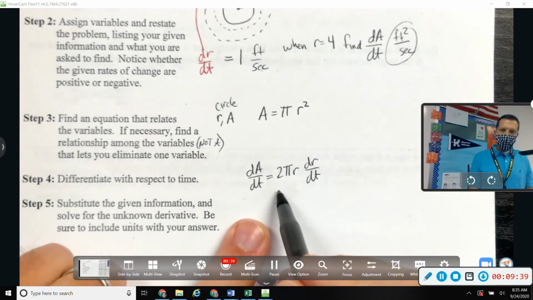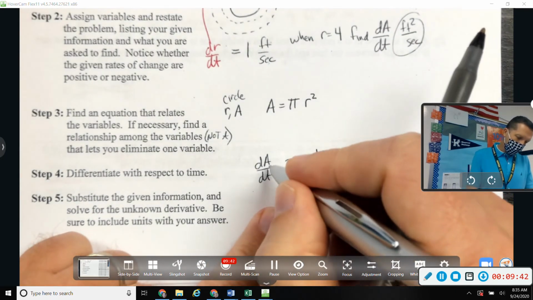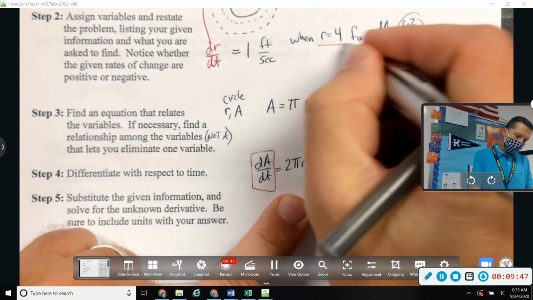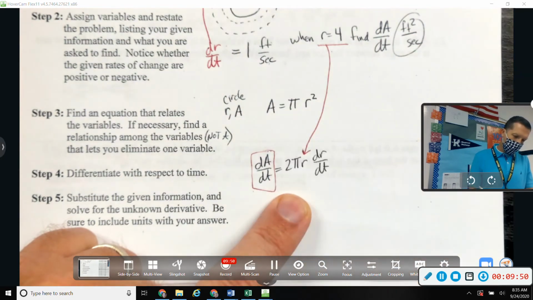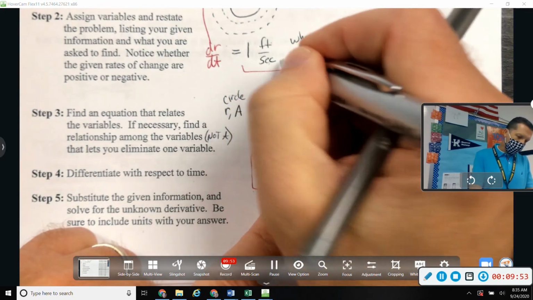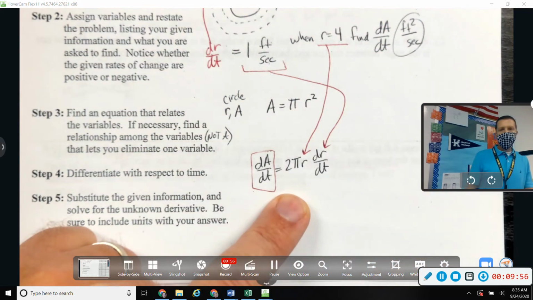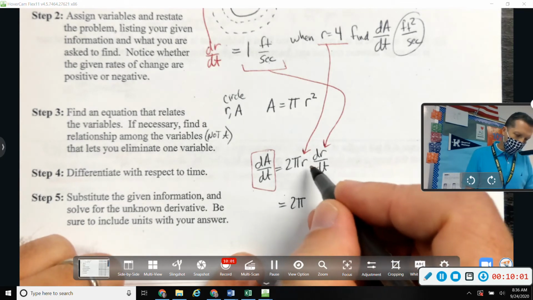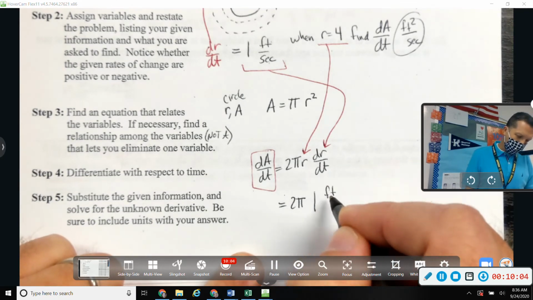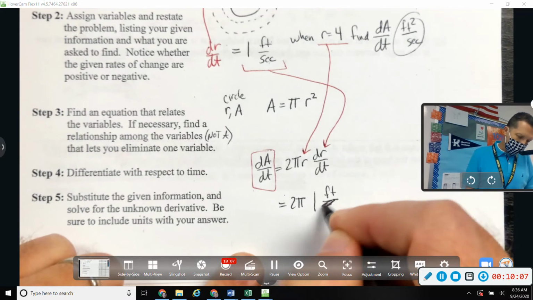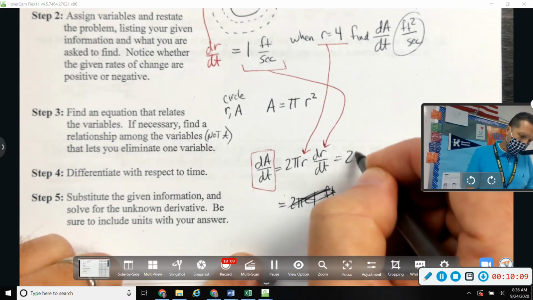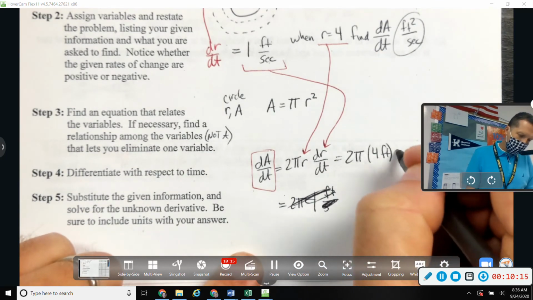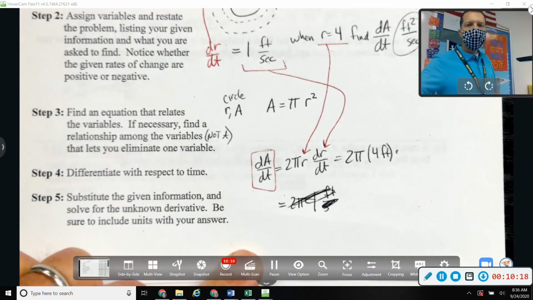All right, so back to our problem. We're looking for dA/dt. That means we need to know the other stuff. r is 4, and dr/dt is 1. So we've got everything we need. So 2 pi, and I'm going to put the units on there since I already know what they are going to be. r is 4 feet, and dr/dt is 1 foot per second.